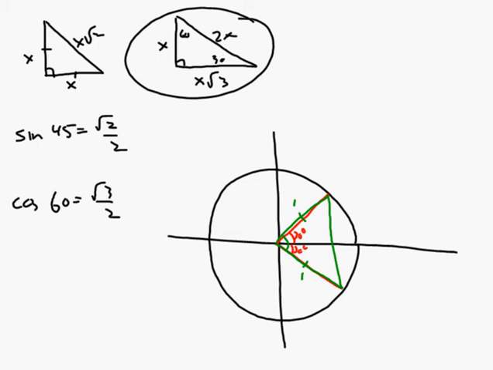Right? Which makes this upper triangle here, this one, congruent to that one. Well, if they're congruent, then those are both 90-degree angles. And then this angle up here has to be 60 because that's what's left over. So these are 30, 60, 90 right triangles. Here we go.